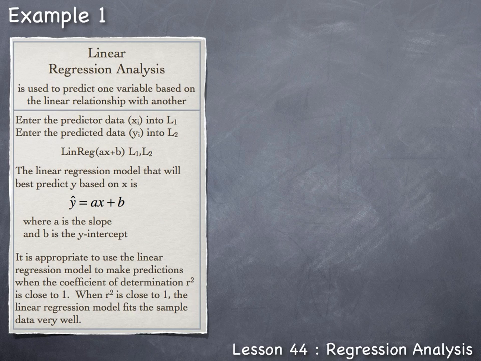Now, referring to our guide for conducting a linear regression analysis, we see that in order to use the TI-84 calculator to calculate the results of the regression analysis, we first need to enter the predictor, or x data, into list 1, and then we need to enter the predicted, or y data, into list 2.